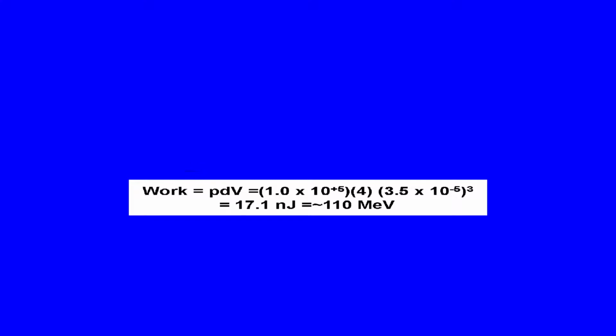So if you think about nanojoules, that's very small, but MeV, million electron volts, is quite high because 1 electron volt generates essentially a temperature of 11,000 degrees. So in a sense, on a molecular level, the temperature and the energy is very high. On a macroscopic level, it's quite small.